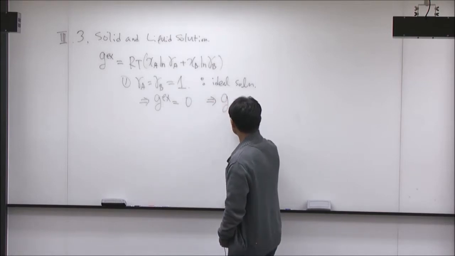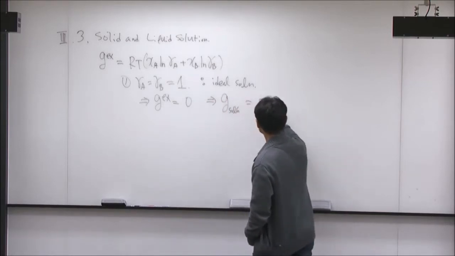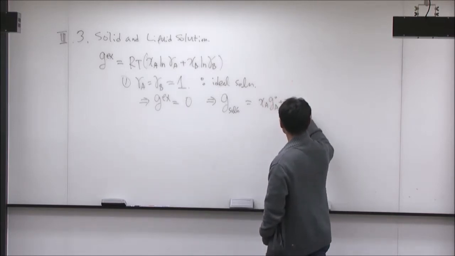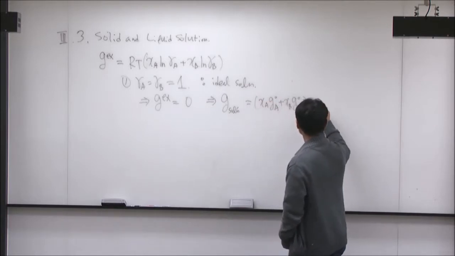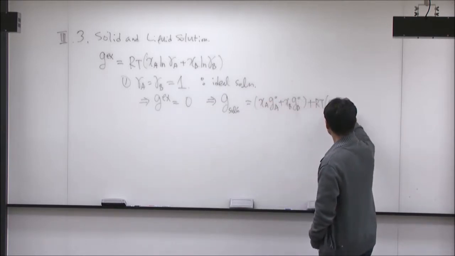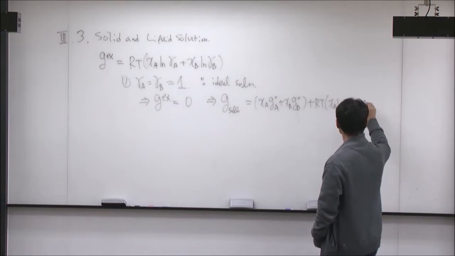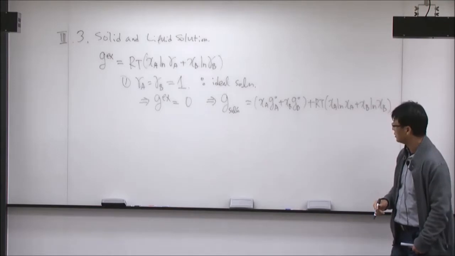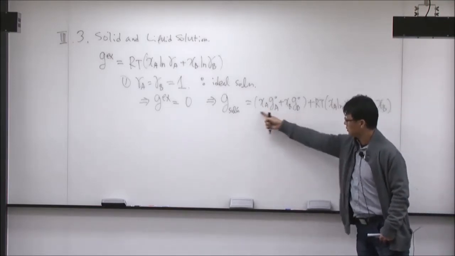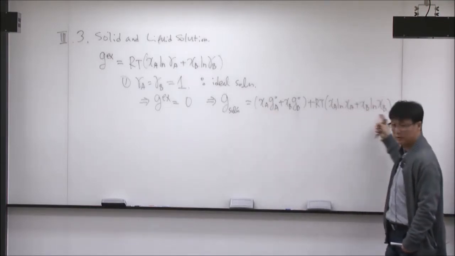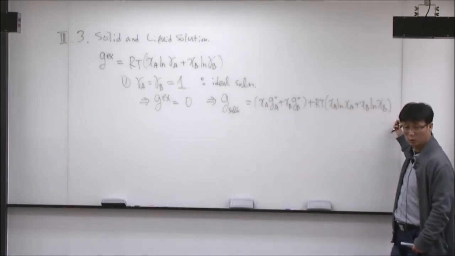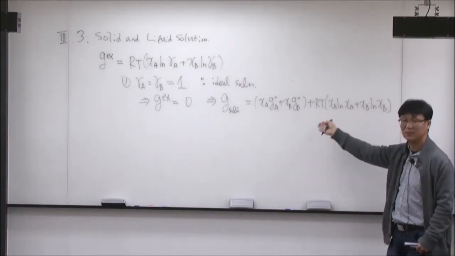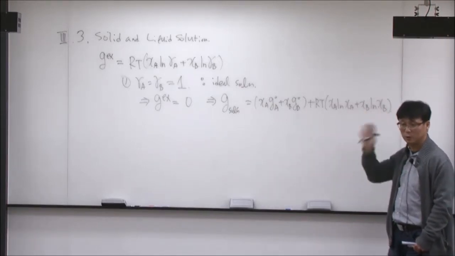Then Gibbs energy of solution equals Xa Ga naught plus Xb Gb naught plus RT Xa... So it's expressed this way. So this one is the mechanical mixing and the ideal mixing entropy term. It's almost like an ideal gas solution. The formula is exactly the same as the ideal gas solution when the total pressure equals 1.